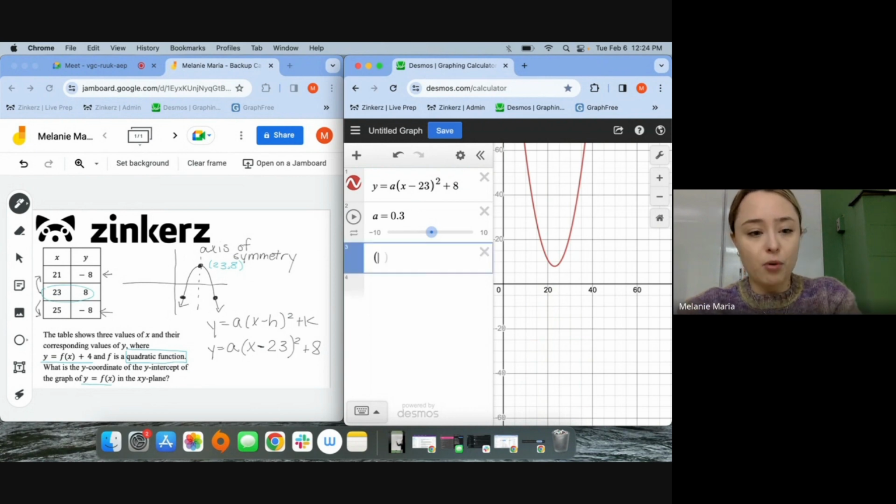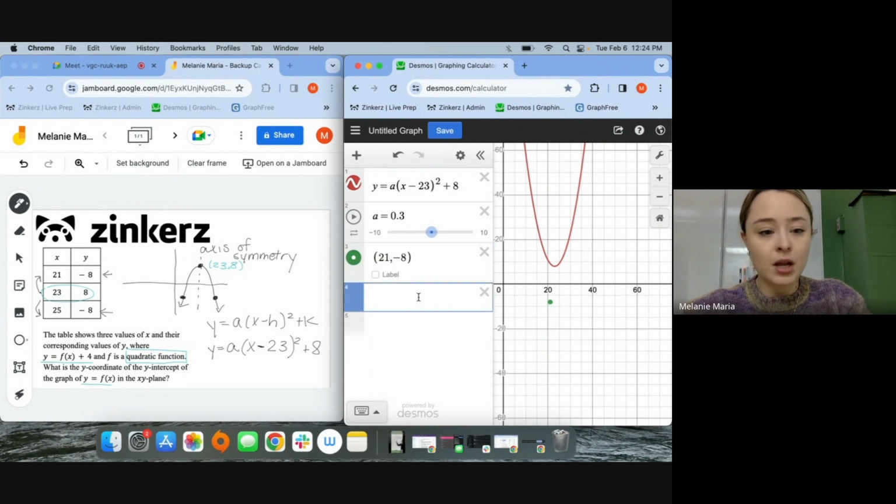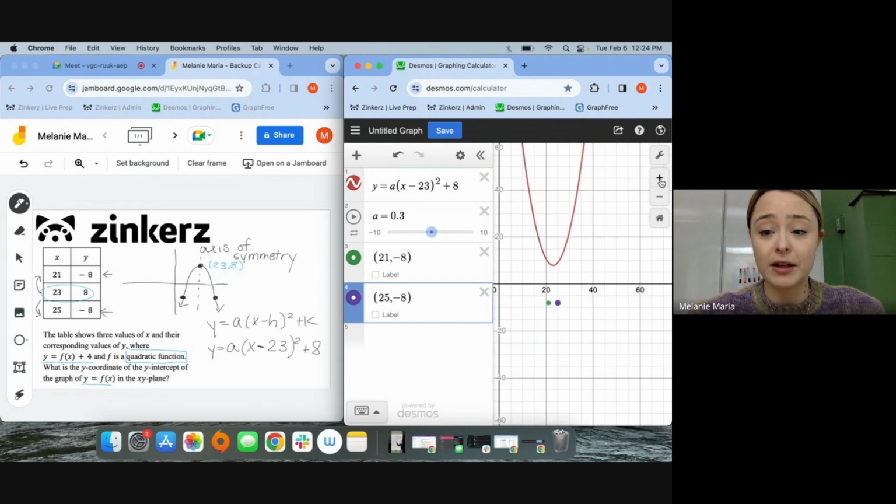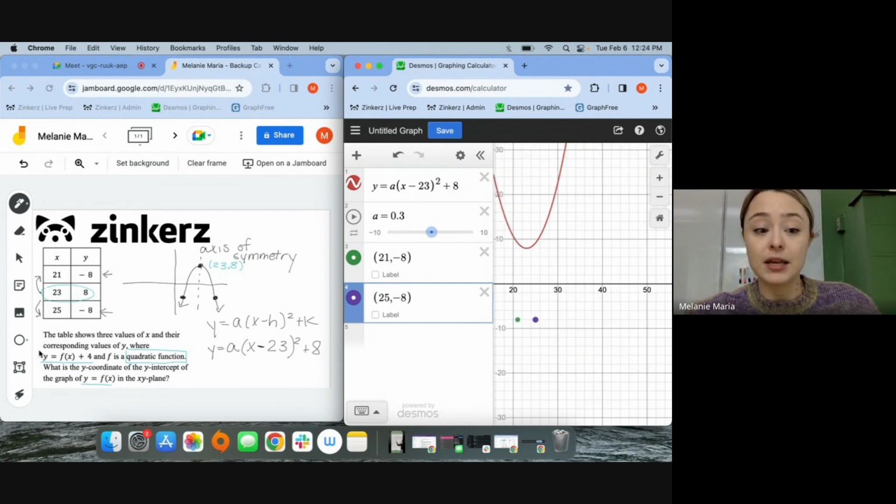So I'll plug in the point 21, -8, and I'll plug in the point 25, -8. And now my goal is I want to move around A so that this parabola intersects these 2 points exactly. That will give me the graph of y equals f of x plus 4.